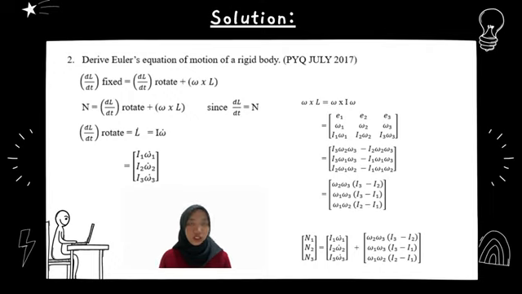So dL over dt rotational is equal to I1 omega dot 1, I2 omega dot 2, I3 omega dot 3, and we have to write the equation in matrix form.